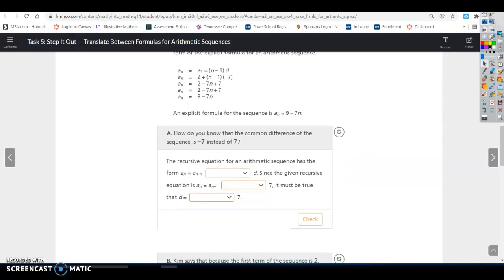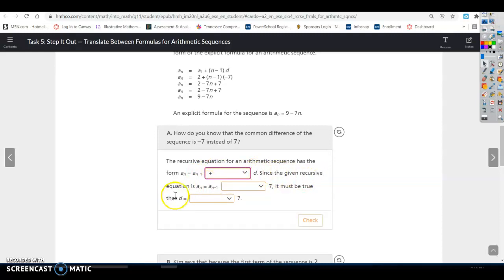How do you know that the common difference of the sequence is negative 7 instead of 7? We know that it's plus n minus 1 times d. The recursive equation for an arithmetic sequence has the form a sub n equals a sub n minus 1 plus d, our common difference.